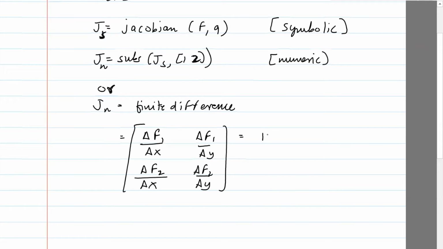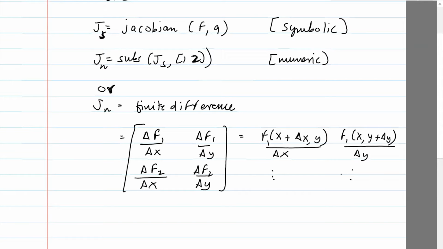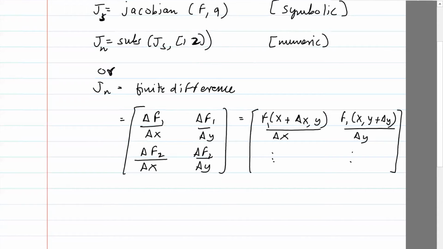So if you want to expand this, it will be something like f1(x plus delta x, y) divided by delta x, and the same thing for y. Sorry, I'm making a mistake here. I'm out of space here.